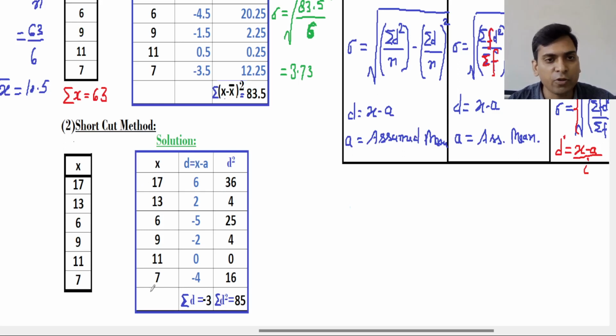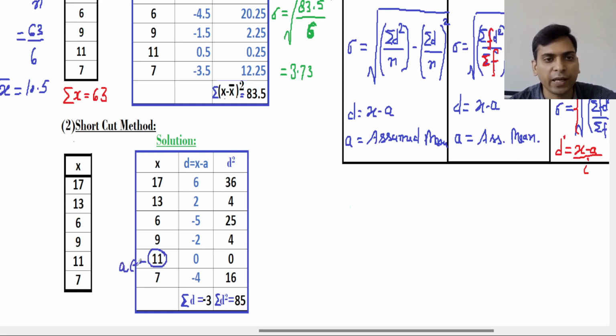You can take any value as a, but for ease of calculation you take a value near the average of the highest and lowest values. The highest value is 17, the lowest is 6, the total is 23 divided by 2, approximately 11.5. So 11 is the nearest value.